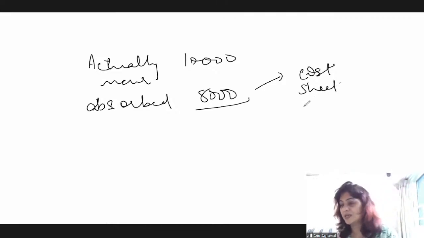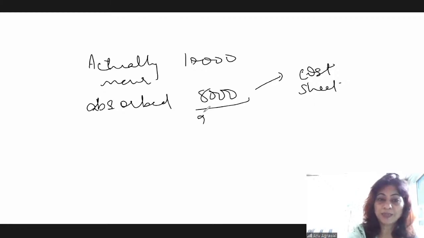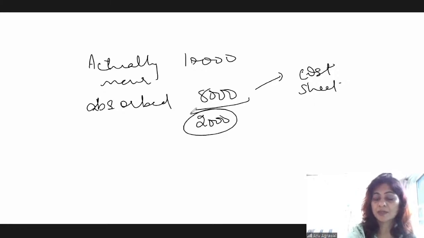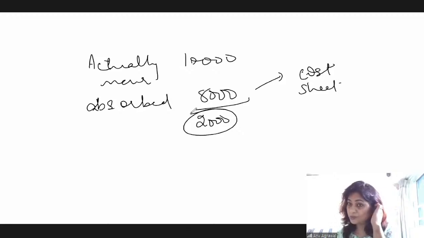You have undercharged, right? You have charged less to the product, because this 2,000 rupees which you have not charged is not going into the cost. But ultimately this expense account has to close, right? So where will it close? It will go into the costing PL account, yes.